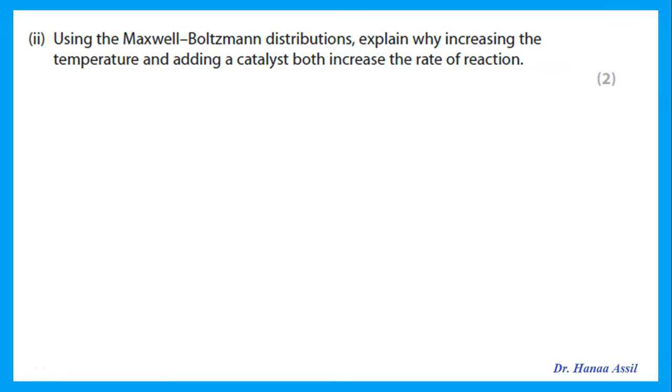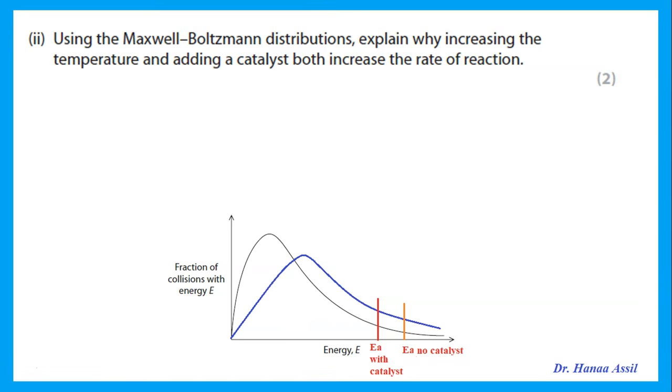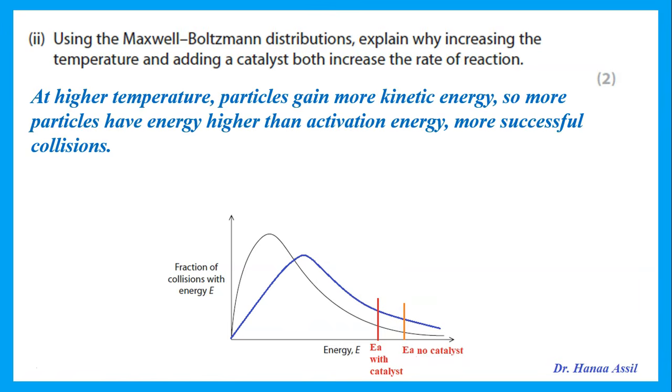Then the next question says, using the Maxwell-Boltzmann distributions, explain why increasing the temperature and adding a catalyst both increase the rate of reaction. So when we have higher temperature, why is it that the reaction rate increases? And when we have a catalyst, why does it increase the rate? You should know that at higher temperature, particles gain more kinetic energy.